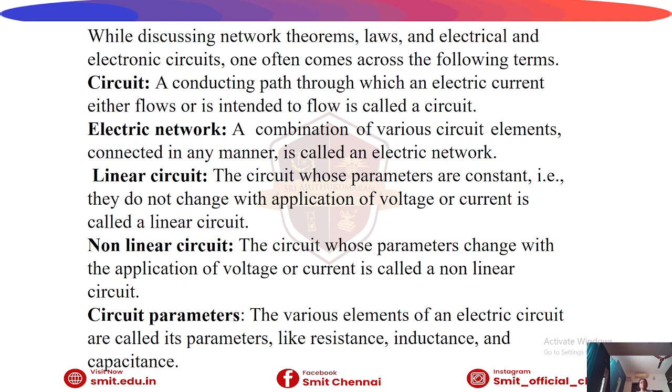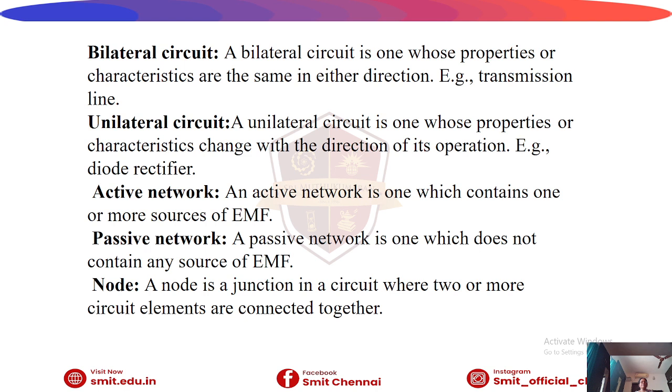The circuit whose parameters are constant, that is, they do not change with application of voltage or current, is called a linear circuit. Non-linear circuit. The circuit whose parameters change with the application of voltage or current is called a non-linear circuit. Then, circuit parameters. The various elements of an electric circuit, like resistance, inductance, and capacitance, are called its parameters.